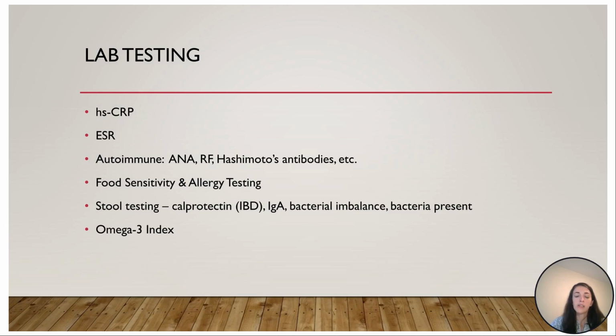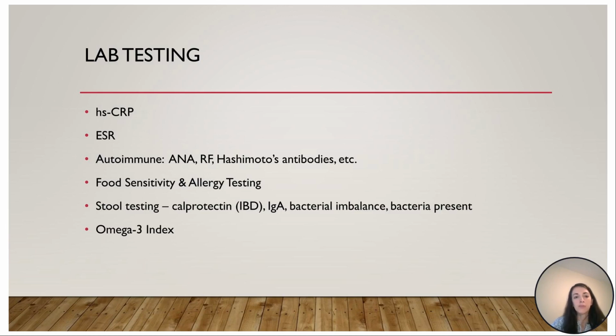You can also see IgA, which is an antibody that is made by your immune system in your mucosal surfaces, like lining your gut, and it can be associated with your body's response sometimes to an imbalance in bacteria, sometimes an infection. And with some of the stool testing, we can look more at bacterial balance and what bacteria are present.